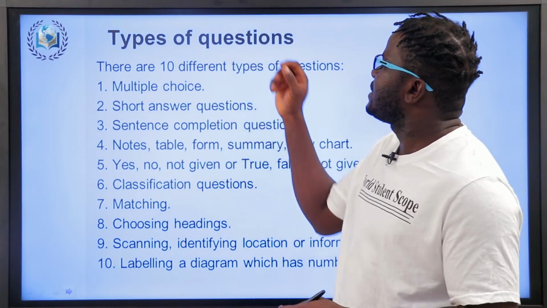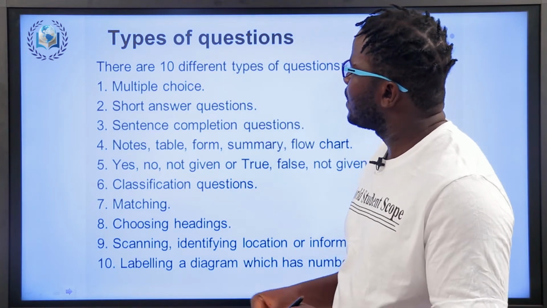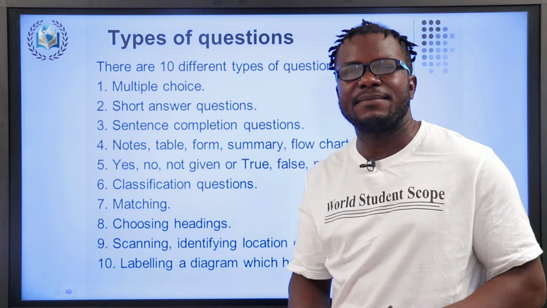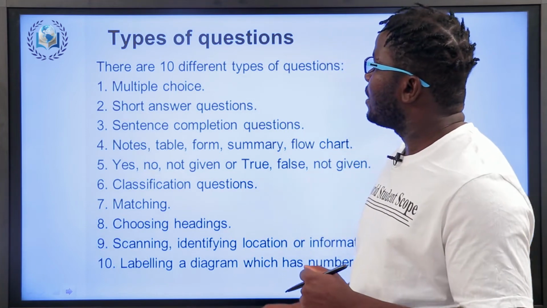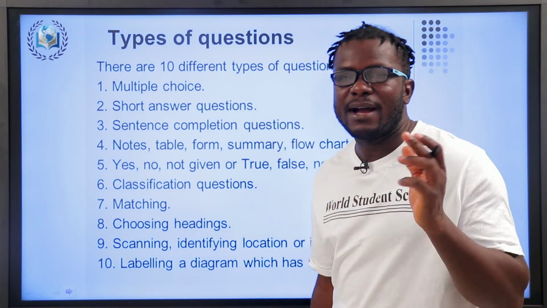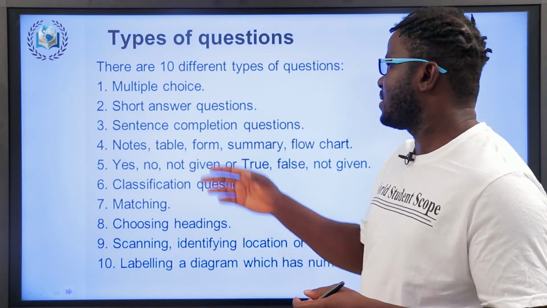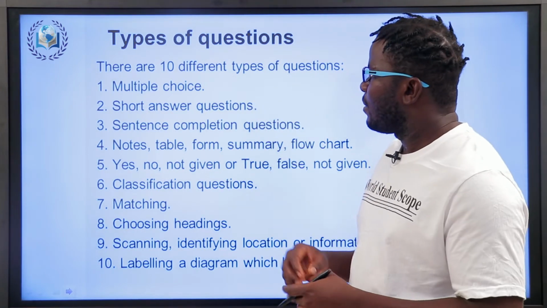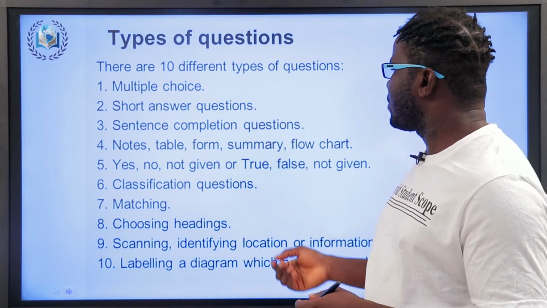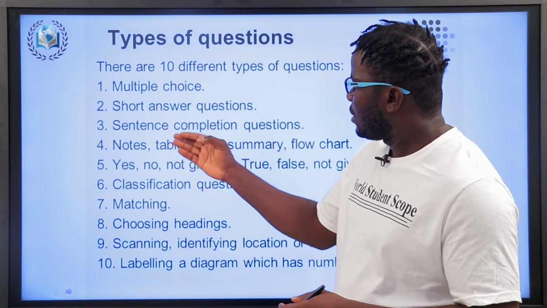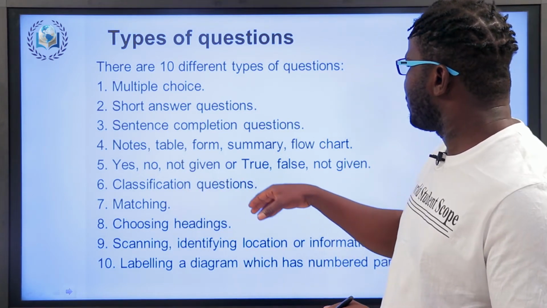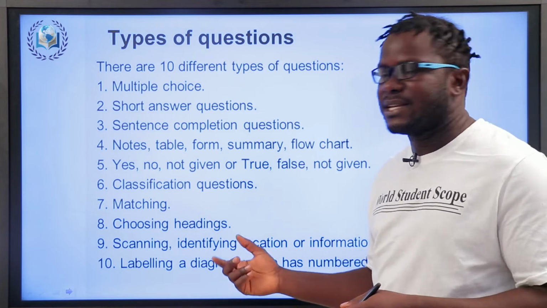Okay, types of questions. Now, there are 10 different types of questions. The first, you will have multiple choice, short answer questions, and sentence completion questions, notes, table form, summary, and flowchart as well.